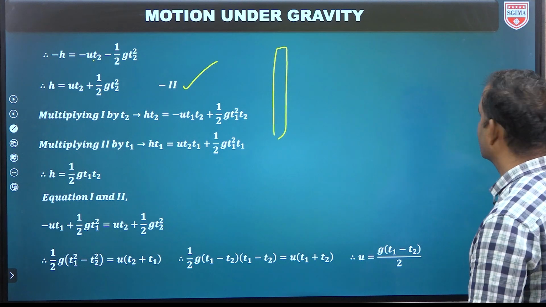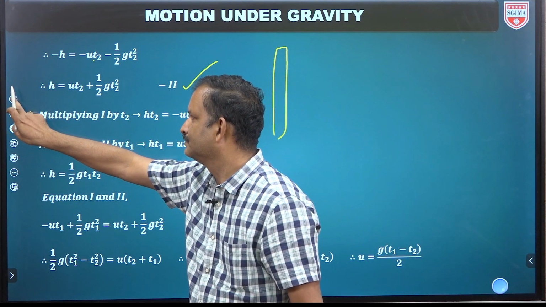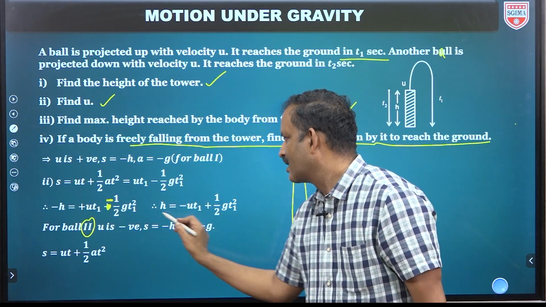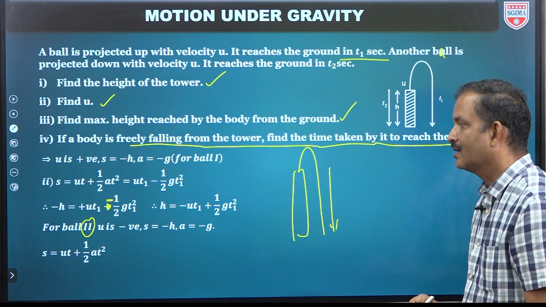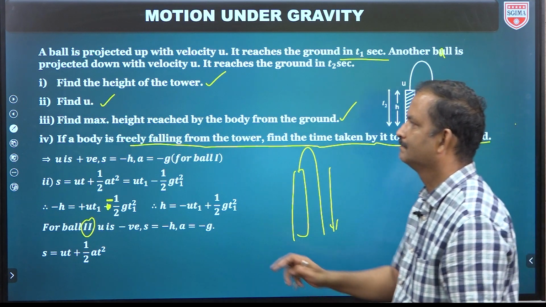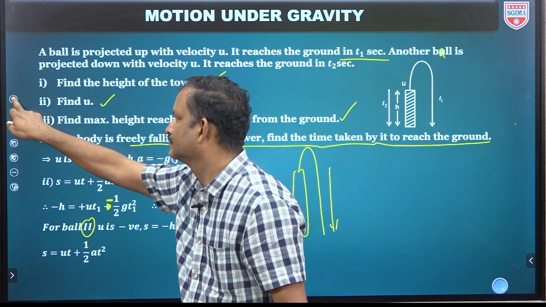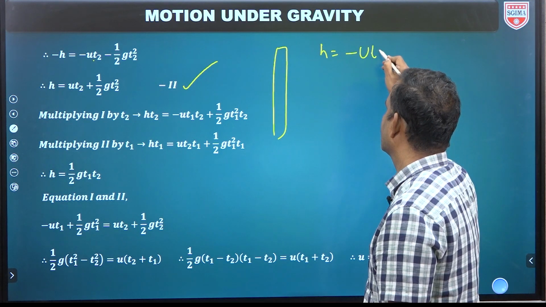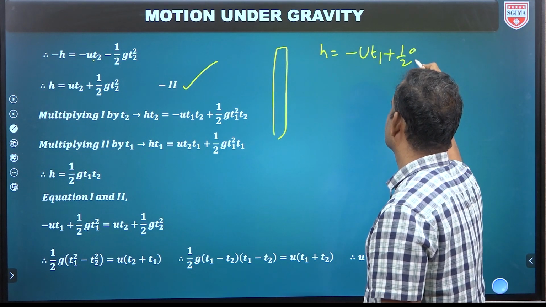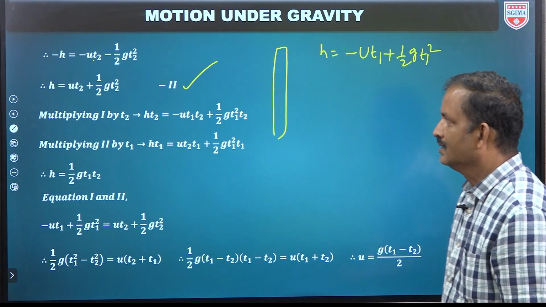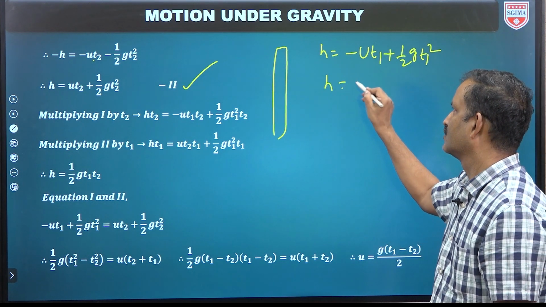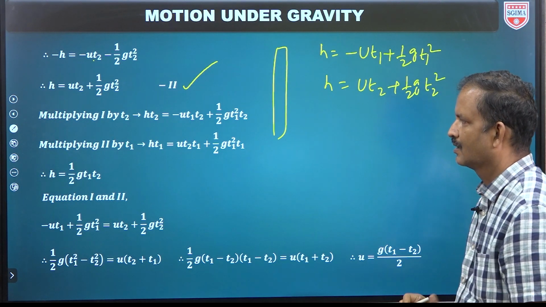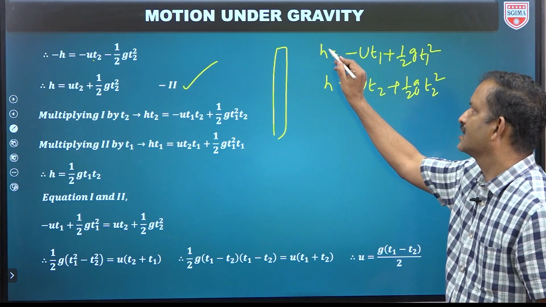So first equation what I got? First equation I got that h is equal to minus ut1 plus half g t1 square. Second equation I got, h is equal to ut2 plus half g t2 square. Now, multiplying this equation with t2.